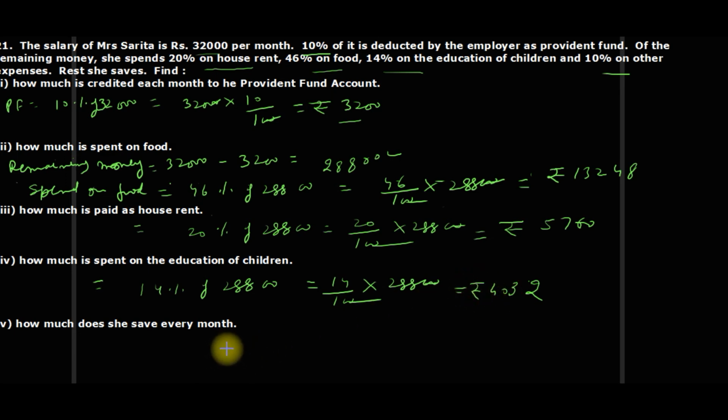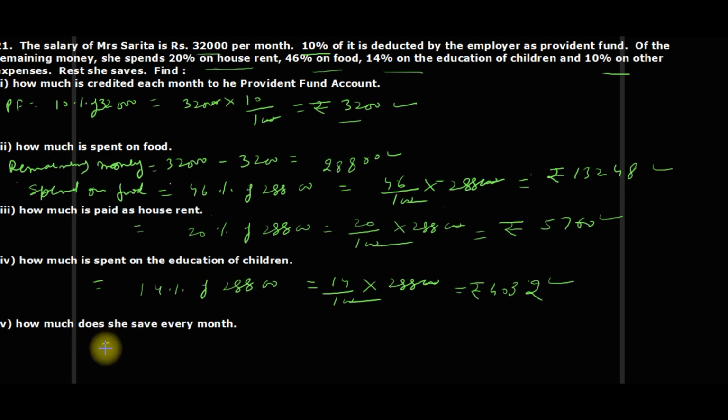How much she saves every month? So this is expenditure, this is also expenditure, this is also expenditure, this is also expenditure. If we minus them from her total salary, then we would get the savings.